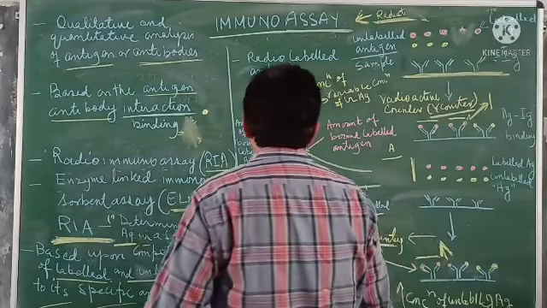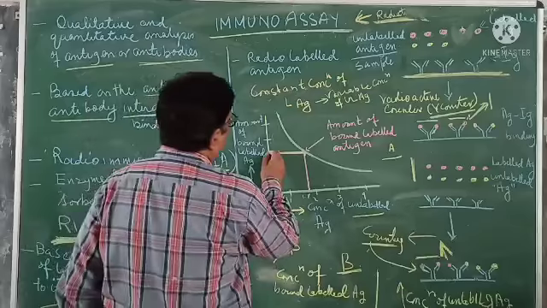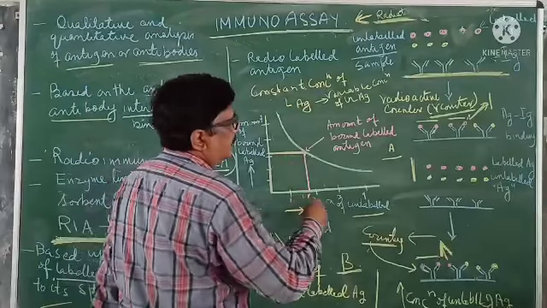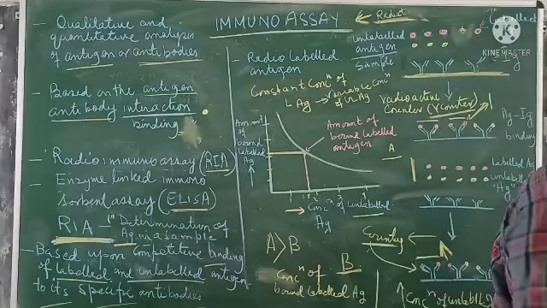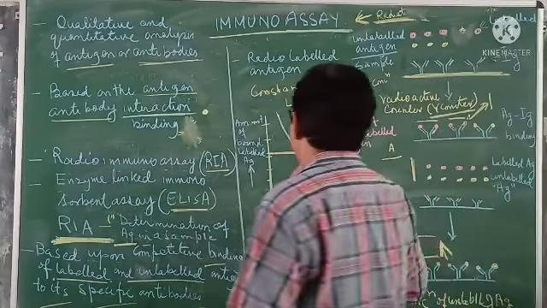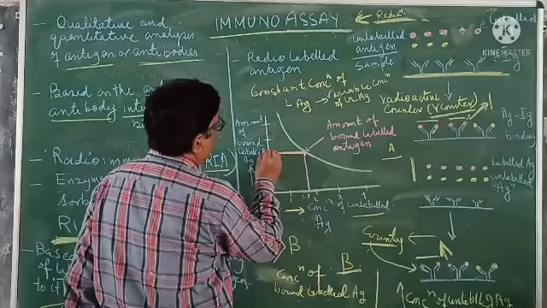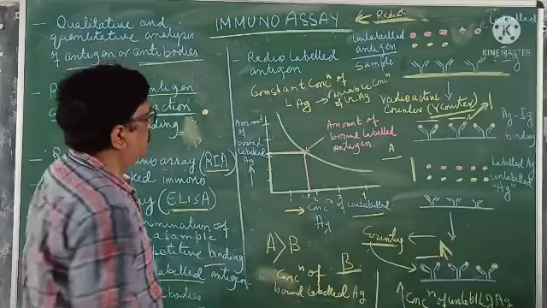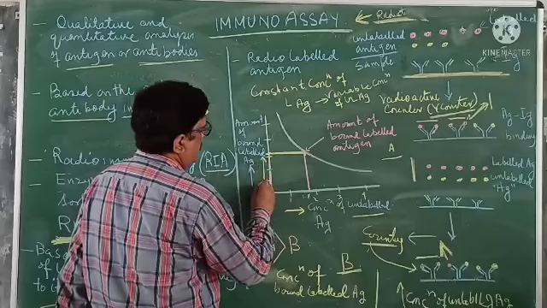Suppose we mix all of them, we get a result of bound labeled antigen which is equal to this point. Okay, suppose this is the A.